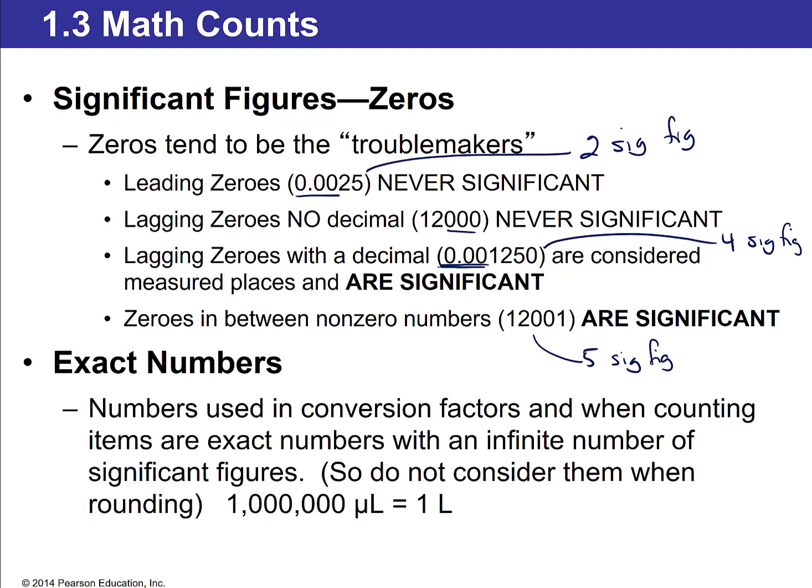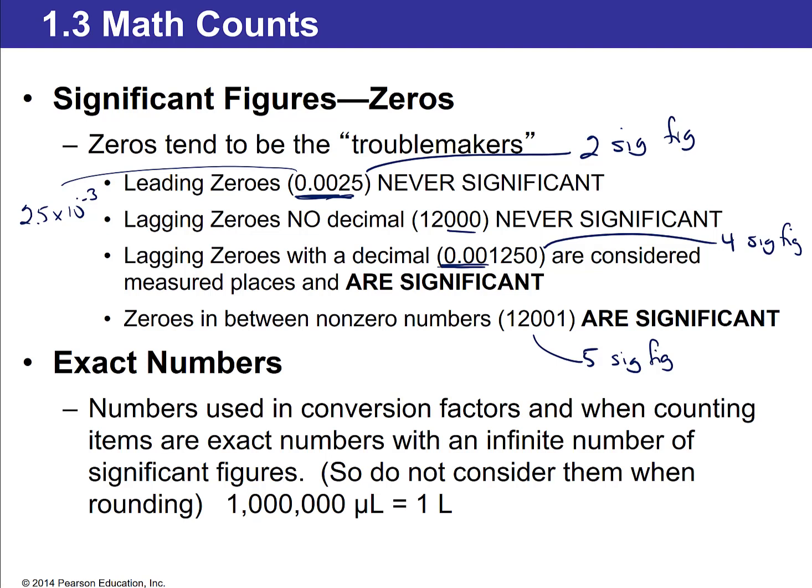And the reason for this is really like if I go to scientific notation that we're going to talk about in a minute, when I change this to scientific notation, I would say that this is 2.5 times 10 to the negative third. I would drop those zeros off and I'd only keep those significant numbers, the 2 and the 5.